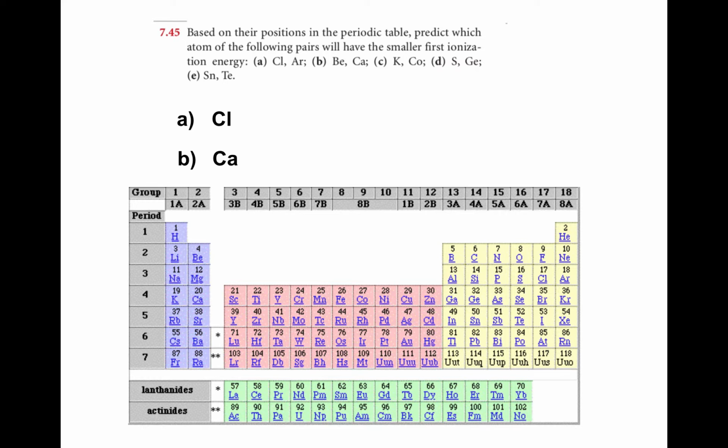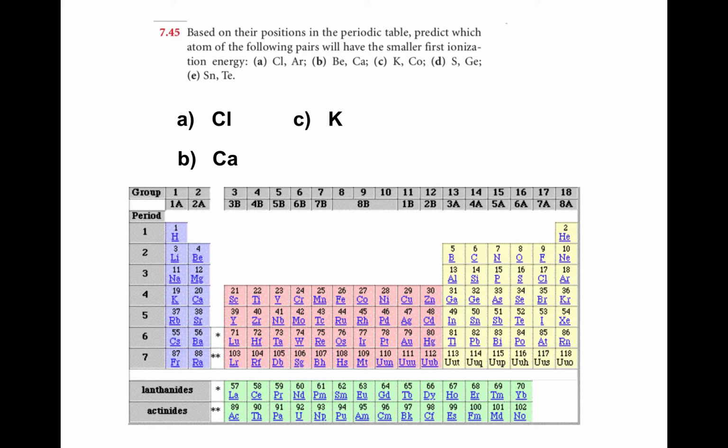Potassium versus cobalt, same energy level, right? That fourth energy level. You've got 27 protons holding on to the electrons as opposed to 19. So a much smaller first ionization energy with potassium. Sulfur versus germanium. No, I'm sorry.